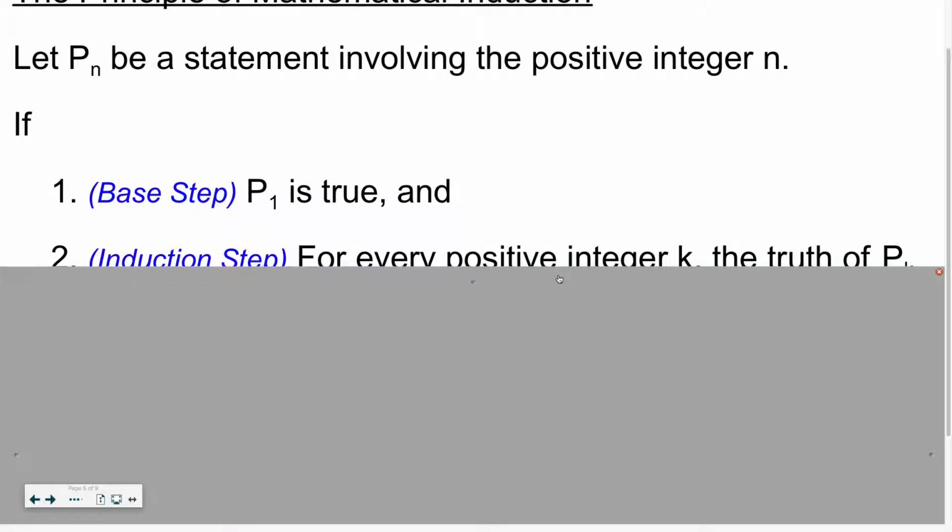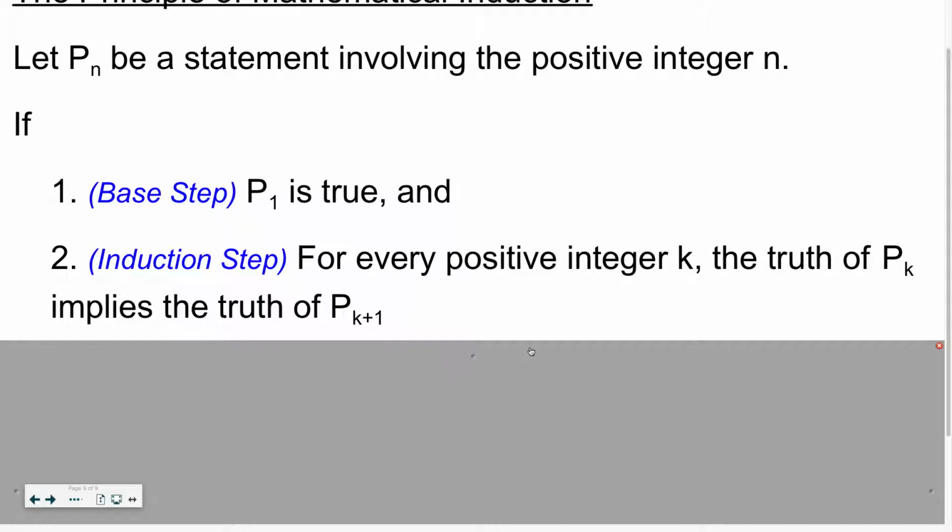The second part to mathematical induction is the induction step. The induction step is where we say, let's prove that no matter what number we put in for n, so we're going to call any number we put in for n k, the truth of P sub k implies the truth of P sub k plus 1.